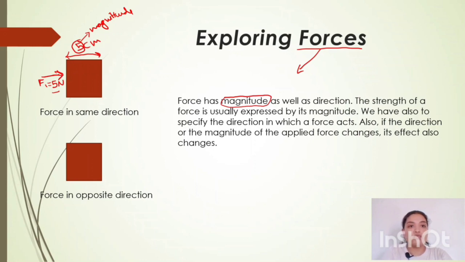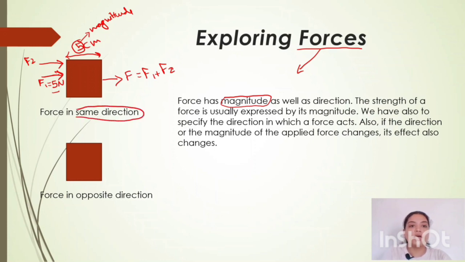Suppose I apply F1 amount of force from this direction, and again I apply one more force of F2 amount in the same direction. So both forces are going to add up, and the total force on the block is going to be F1 plus F2. This case is when the forces have the same direction.